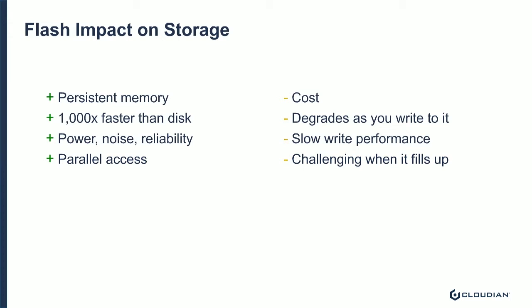And as the media is getting denser, like the QLC type, there is a tolerance where you cannot write to a given cell more than a certain number of times before it starts degrading. And relative to reads, the writes are slightly slower.